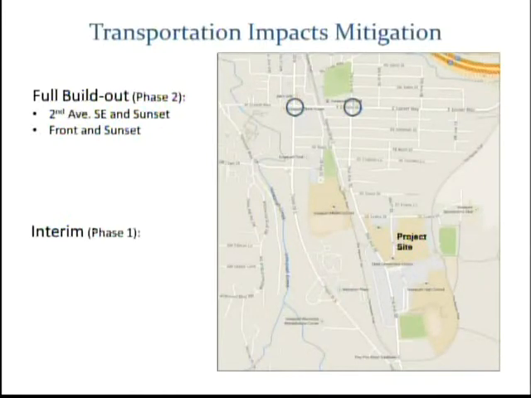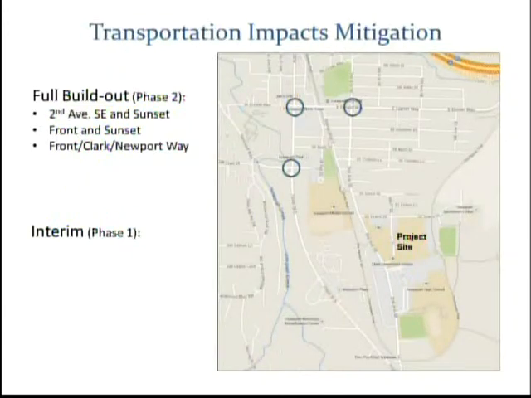So the city has a capital project listed for that intersection. The school district wasn't driving 100% of that impact and need for improvements there. And so the city is working with the school district on its proportionate share of those improvements.